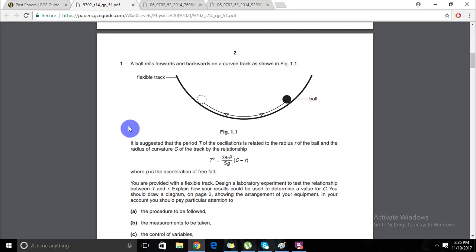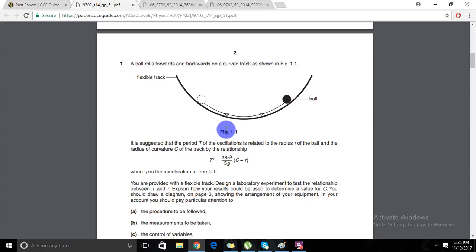And the suggested relationship is that the period T of the oscillation is related to the radius r of the ball and the radius of the curvature of the track by the relationship.